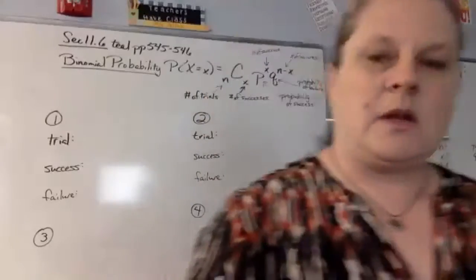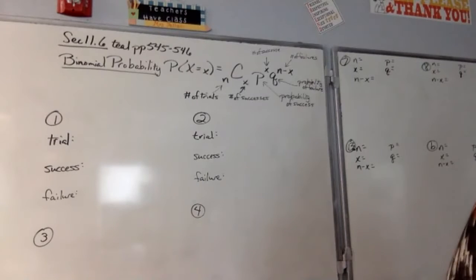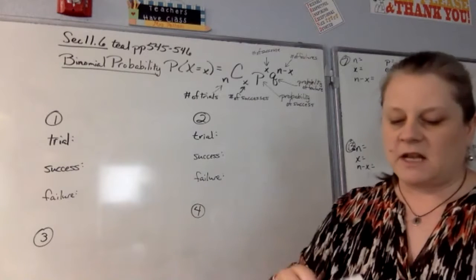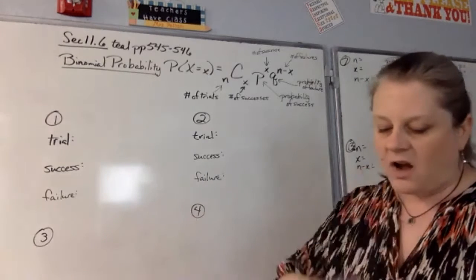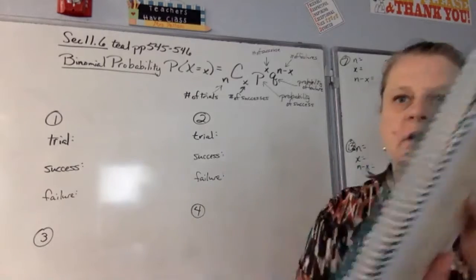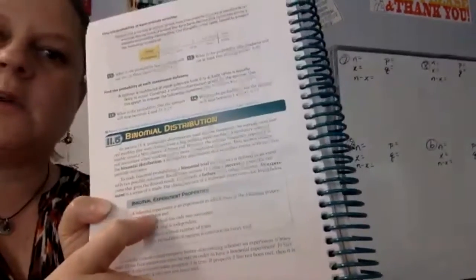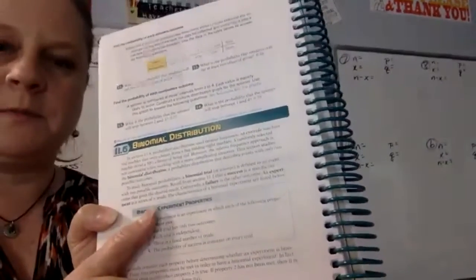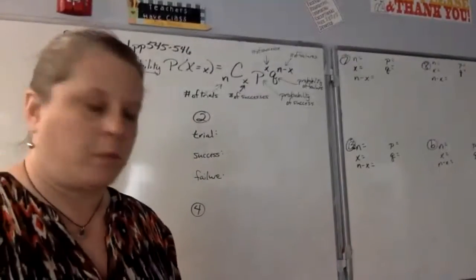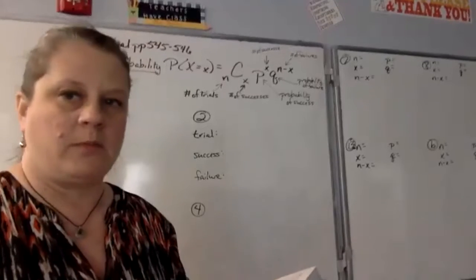All right, so we're on section 11.6, but I want you to not look at the problem page yet. I want you to focus on the very first page of the section, page 540. This box right here is what we're using for the first 4 problems, because in there it's talking about the binomial experiment properties.